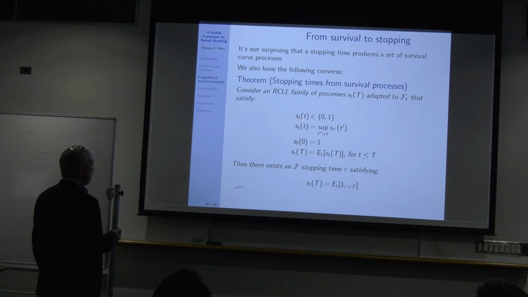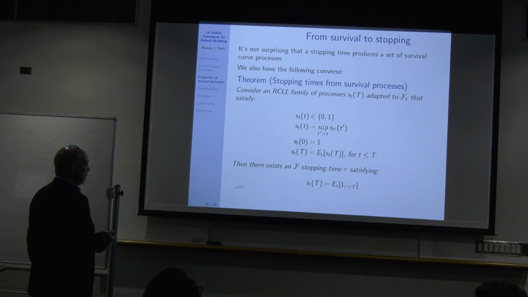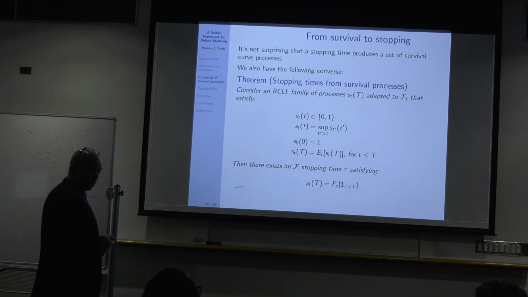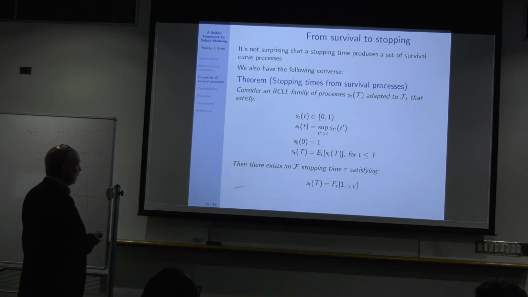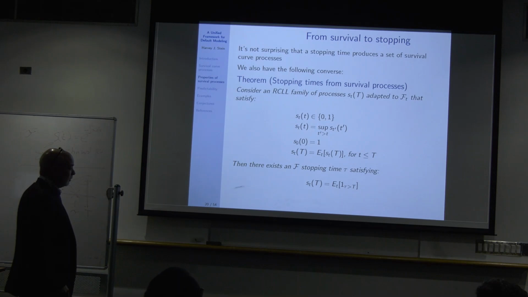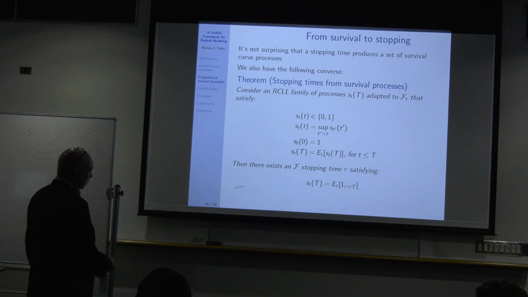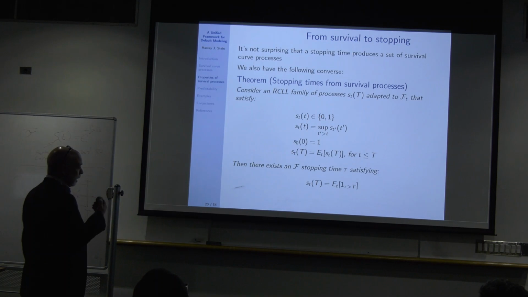The requirements are: S(t) is always 0 or 1, it's an indicator function. S_t(T) has to be the sup of S_t'(T) for t' greater than t. This has to start at 1, and they have to all be martingales. The conditional expectation condition is sufficient for it to be a martingale because it's bounded between 0 and 1.